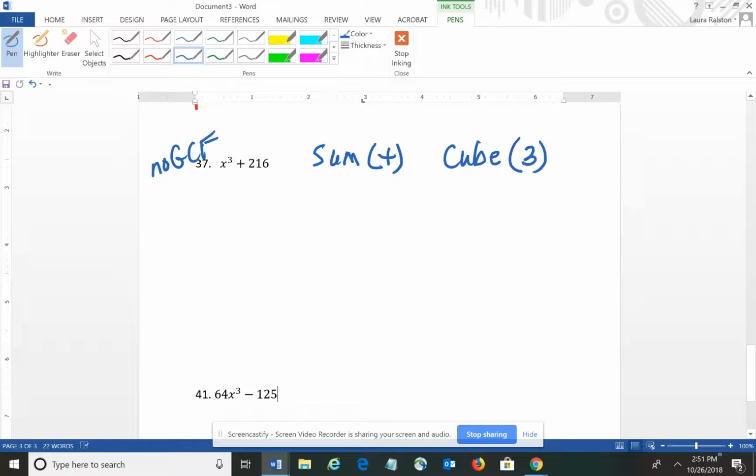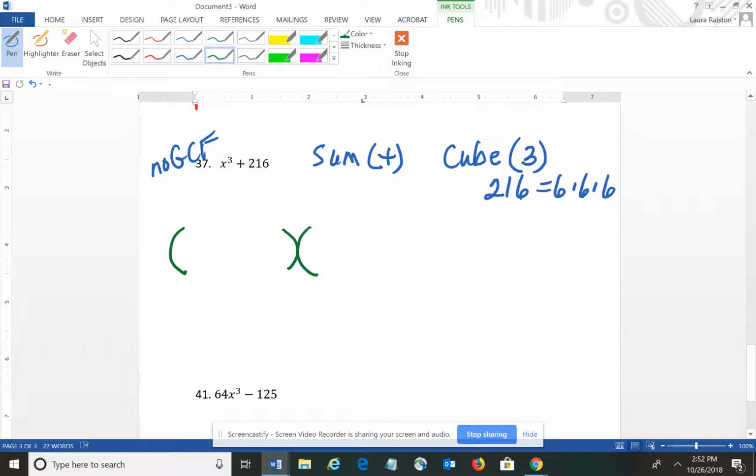I need to decide, is 216 a perfect cube? You may not realize that, but 216 is 6 times 6 times 6. So it is a perfect cube. I should be able to factor this using the pattern that I mentioned a minute ago.